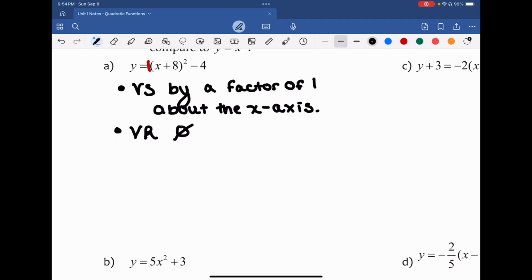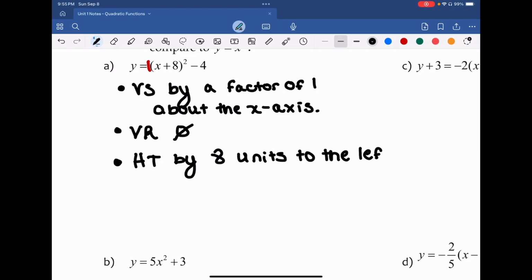If it's positive 8, it's actually, we move 8 to the left. So we're going to say it's a horizontal translation, or an HT, by 8 units to the left. There we go. And then when we talk about our vertical translations, or our VT, it's by 4 units down.